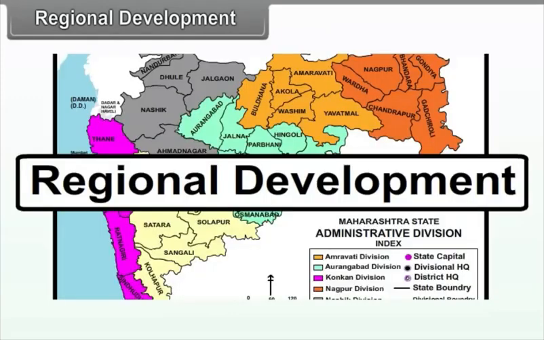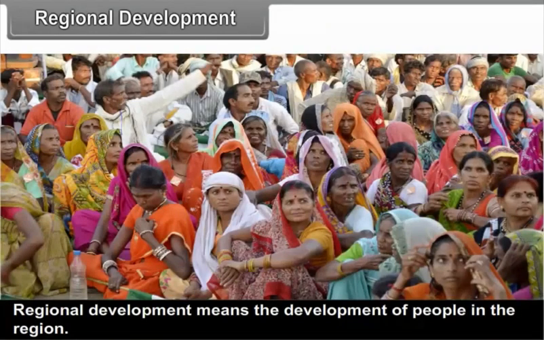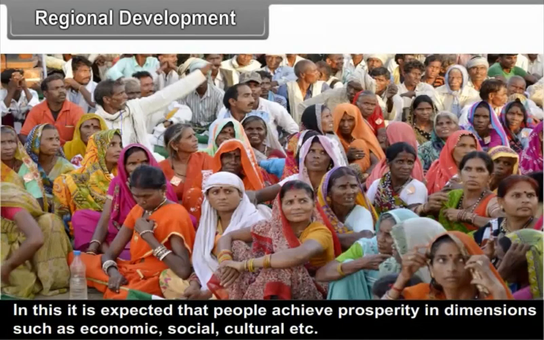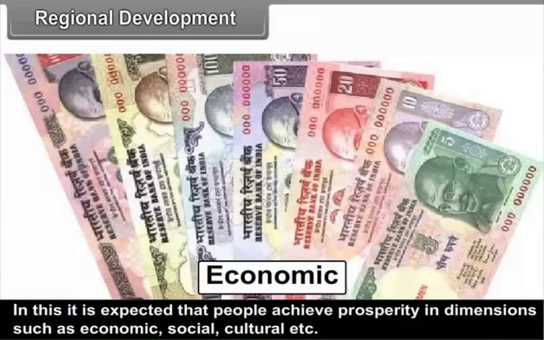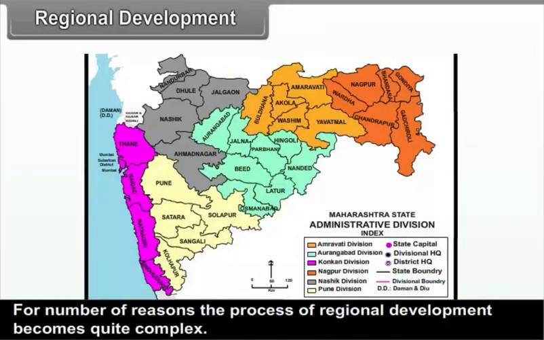(8.2) Regional development. Regional development means the development of people in the region. In this, it is expected that people achieve prosperity in dimensions such as economic, social, cultural, etc. For a number of reasons, the process of regional development becomes quite complex.